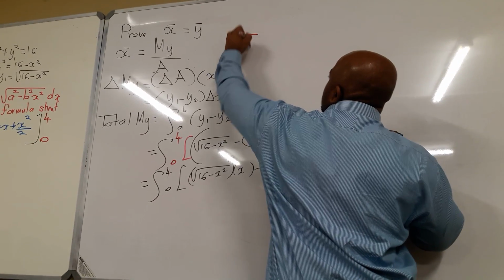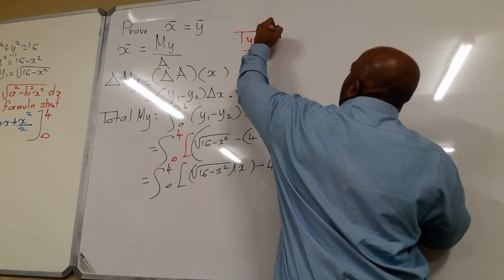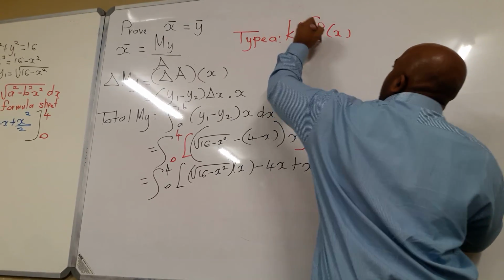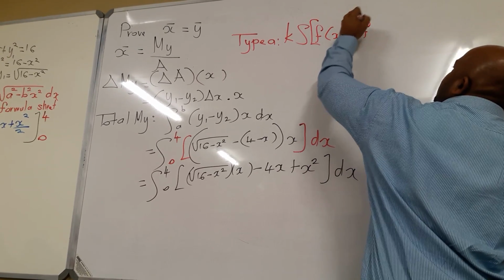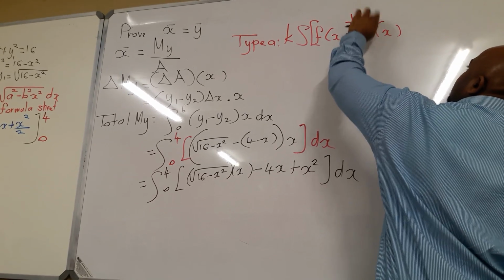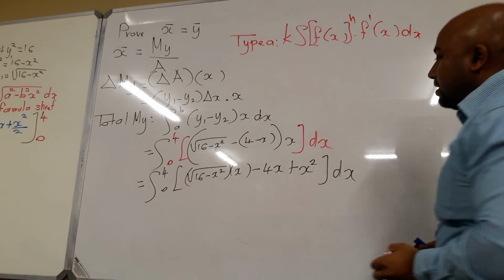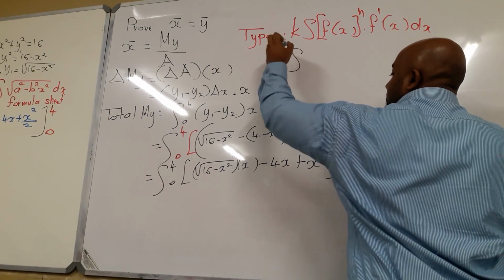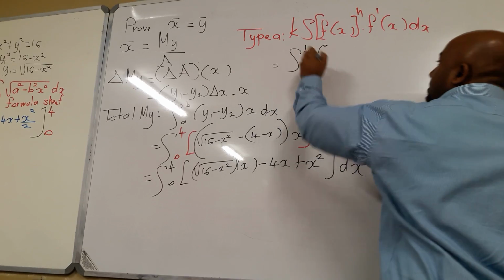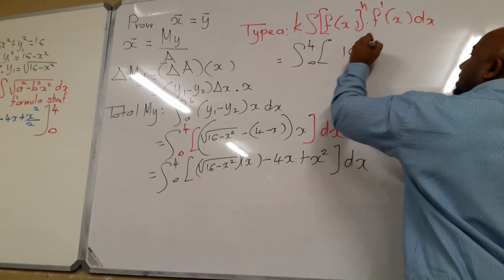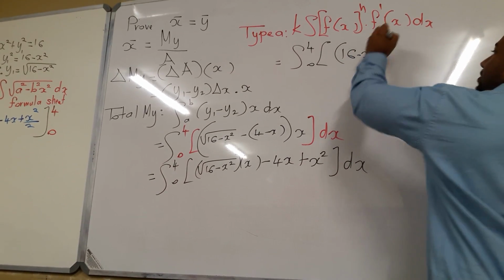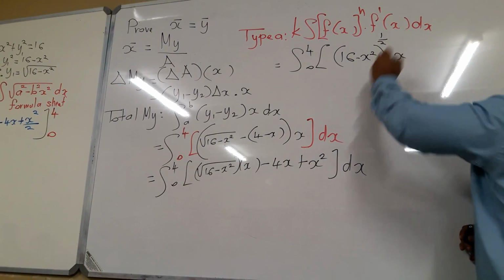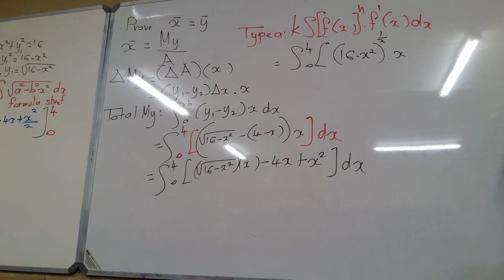It's our u substitution. Remember type A from N5. Alright, this is type A. So this is 16 minus x squared to the power half, f of x to the power n multiplied by x there, your derivative.